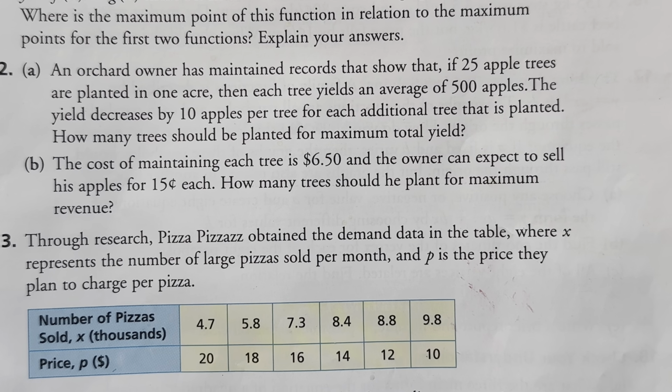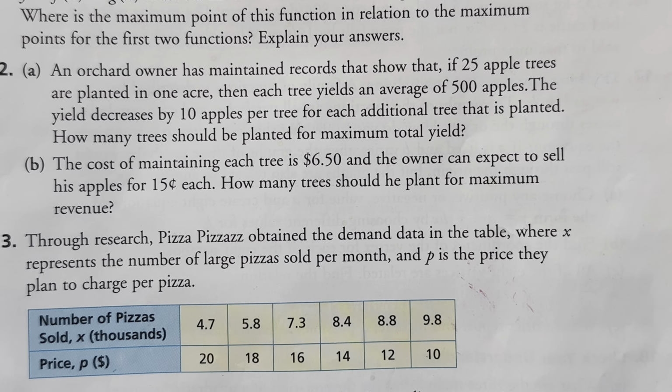Now, we must understand the word revenue. What does revenue mean? Revenue means how much money the business brings to you. So you sell the apple, so you get money.